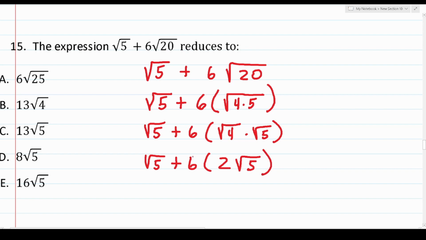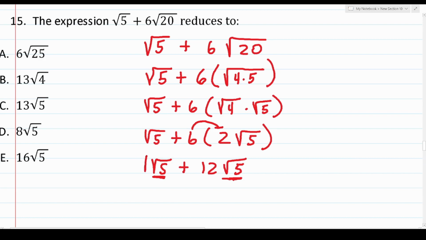Let's just go ahead and multiply this 6 and this 2 now. So this becomes square root of 5 plus 12 square root 5. And now that these radicals are the same, notably we have radical 5 plus 12 radical 5, we can just add those together.